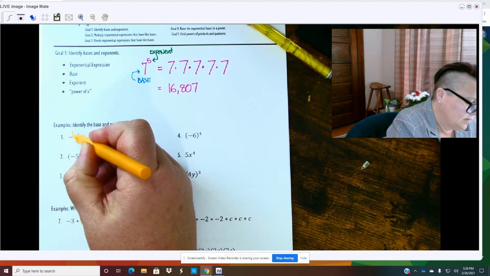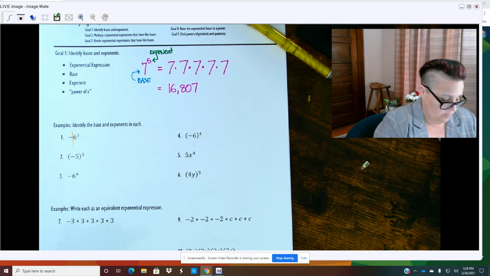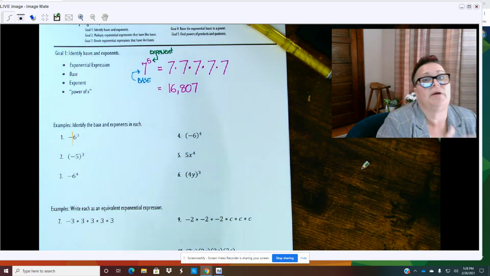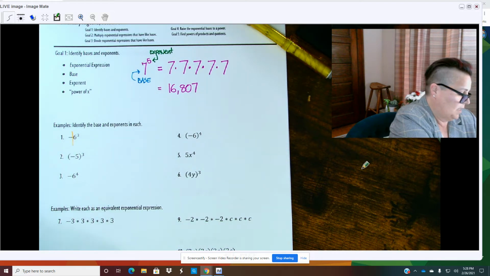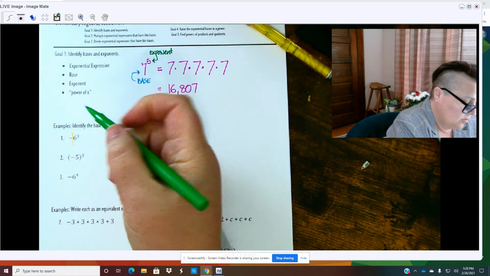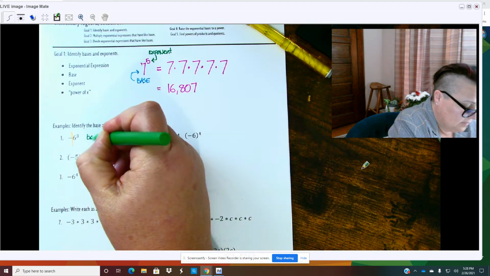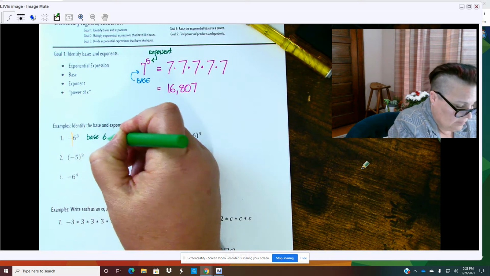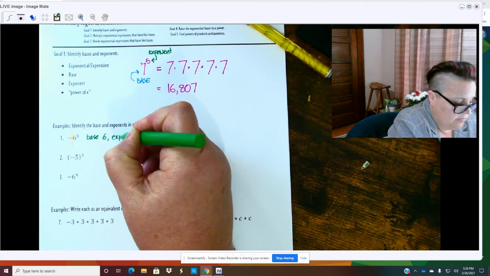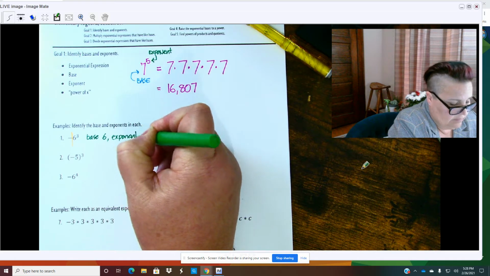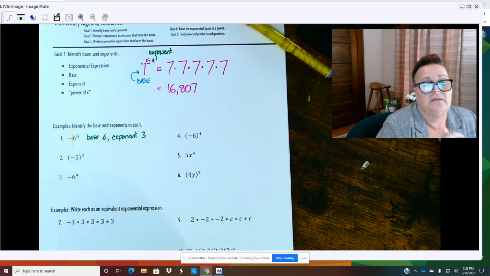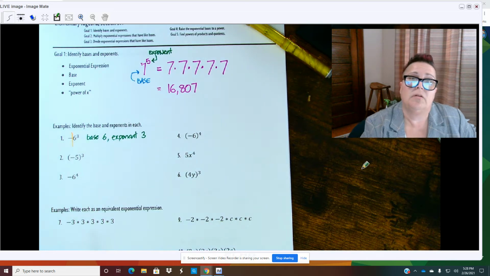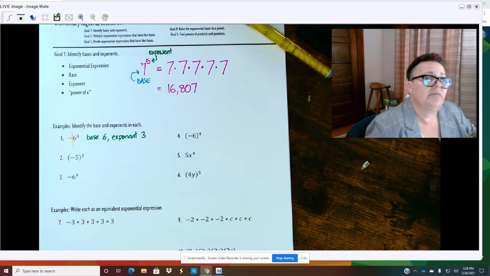Without the parentheses, that negative becomes a part of the problem, but irrelevant to the exponent and base. This would be a base of 6 with an exponent of 3. 6 to the 3rd power, negative. So the negative would come last.